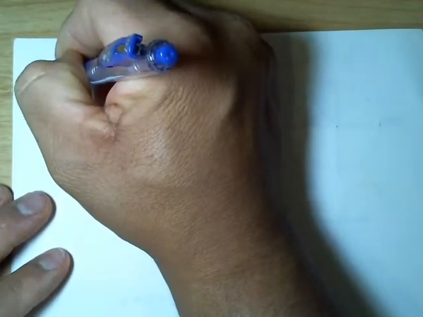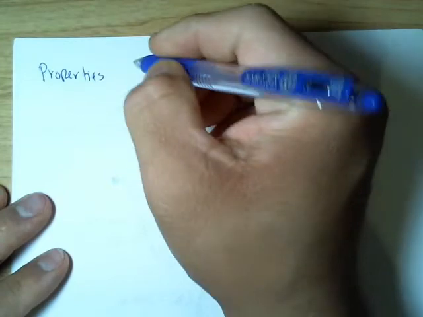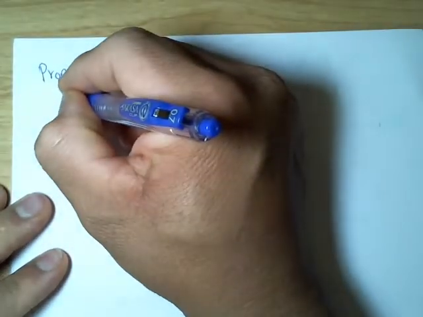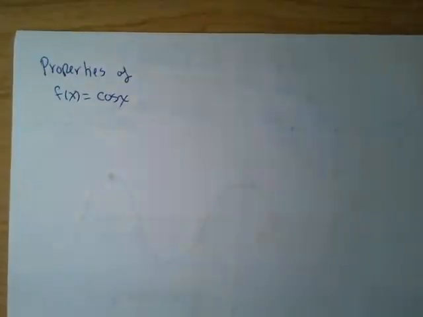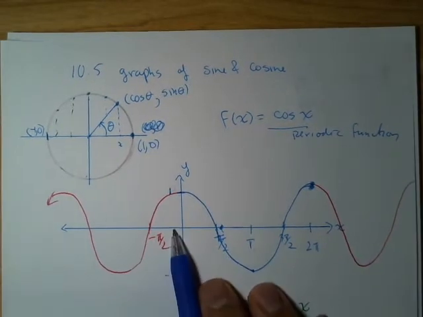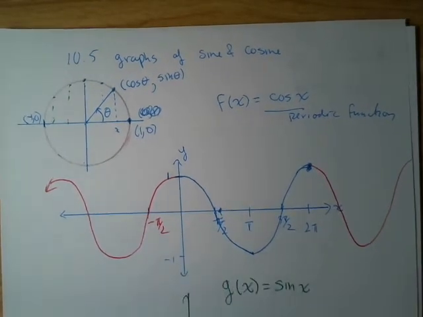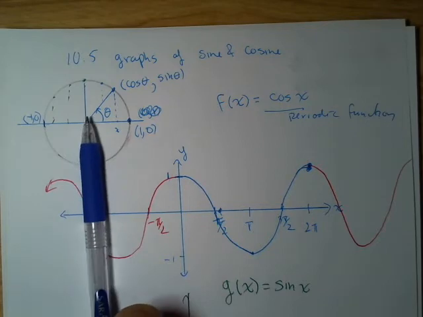Let's go over some properties for the sine and the cosine. Properties of cosine of x. Another thing I want to state is this is a function in the sense that it passes the vertical line test.